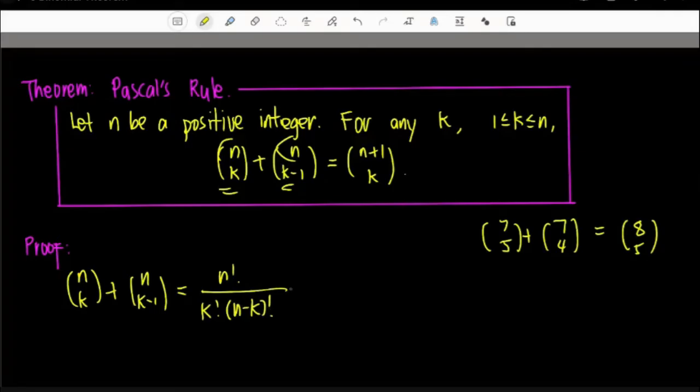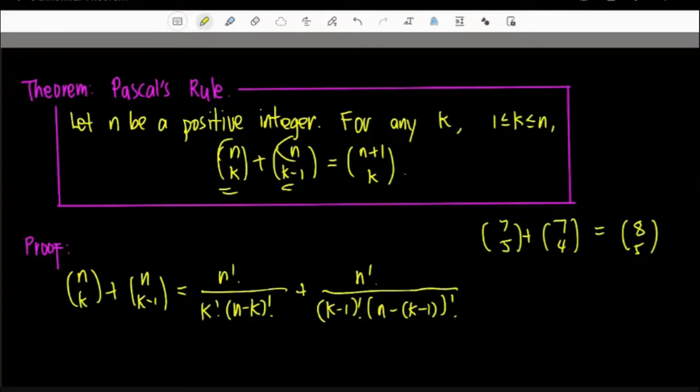On the other hand, n taken k minus 1 is equal to n factorial all over k minus 1 factorial, times n minus quantity k minus 1 factorial, right?